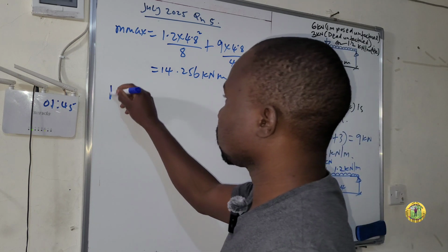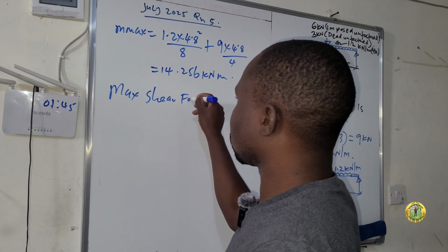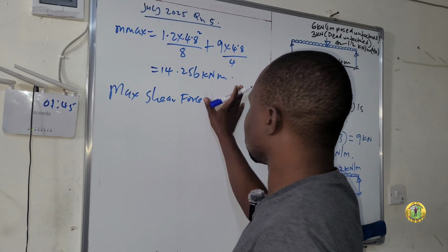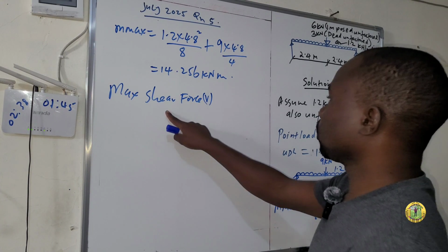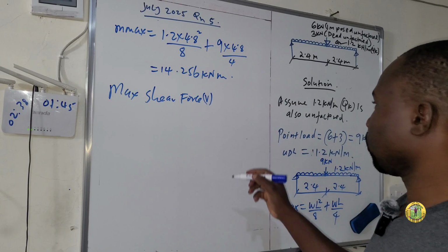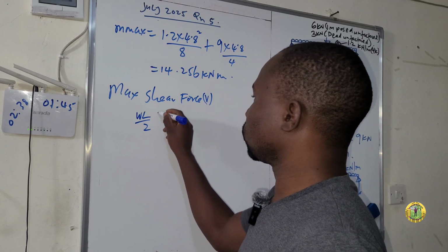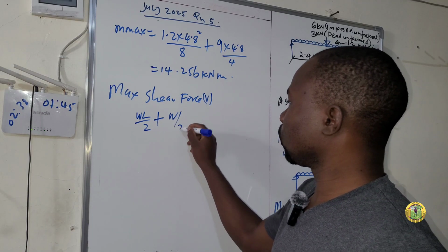So the maximum shear force, which is V, is equal to, if we start with UDL, WL over 2 plus the point load W all over 2.